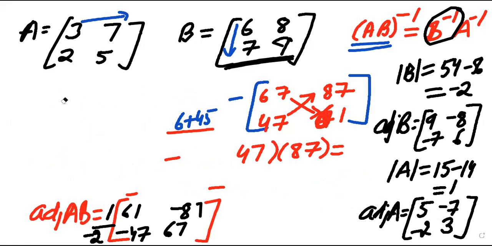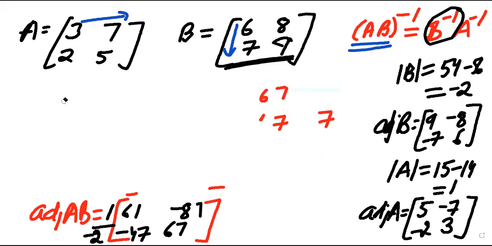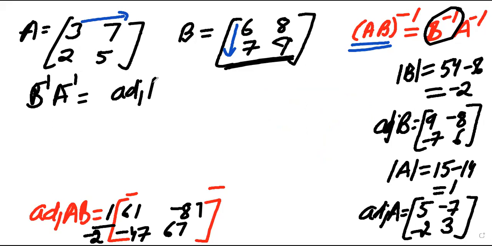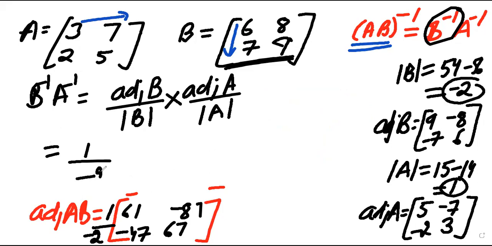Now you have to take B inverse and multiply with the A inverse. B inverse into A inverse will give you adjoint of B by determinant of B into adjoint of A divided by determinant of A. Multiply this. It is 1 by minus 2 here, and this is 1, so that will remain same, that is minus 2.